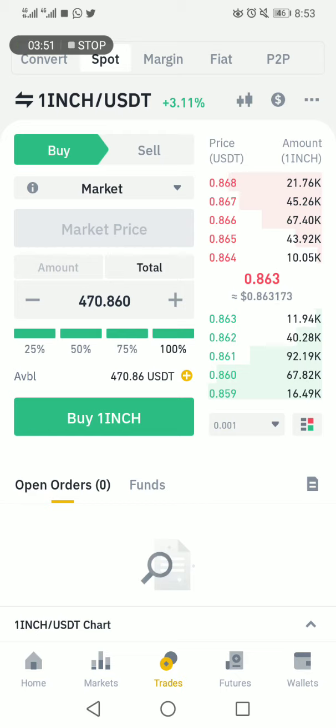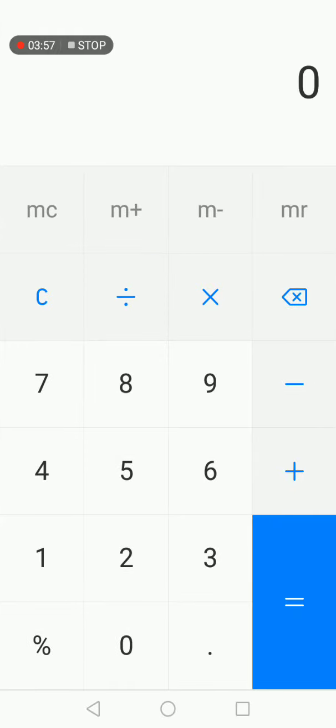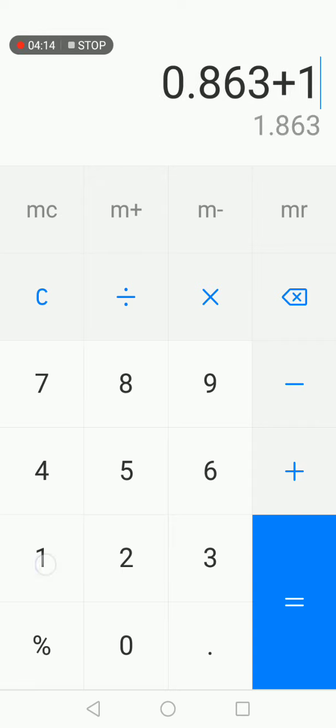So what this means is that you just go back, go to your calculator, 0.865, that is the price there, 0.863, sorry, that is the price there, plus, let me say 10%.